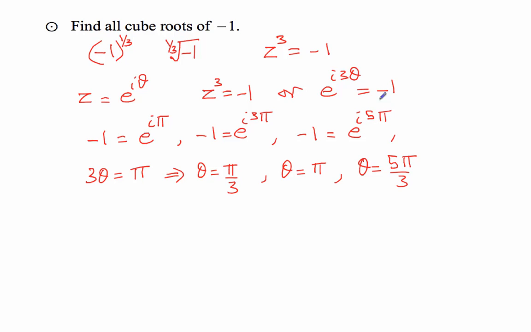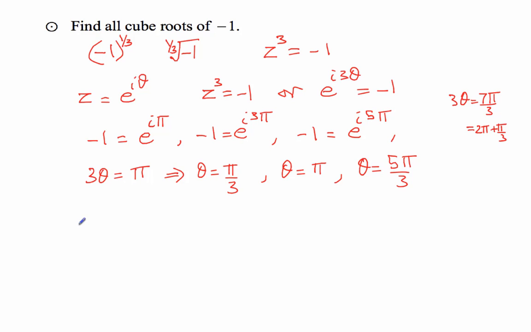Now, if you were to add another 2 pi over here, that would be e to the i 7 pi, in which case you would have 3 theta equals 7 pi, so theta equals 7 pi by 3. But 7 pi by 3 is really 2 pi plus pi by 3, and that we've already covered, because when you add 2 pi to theta, you'll get back to the same point.